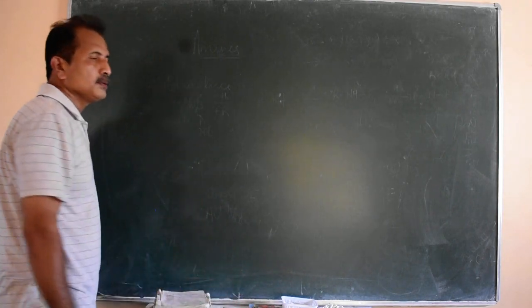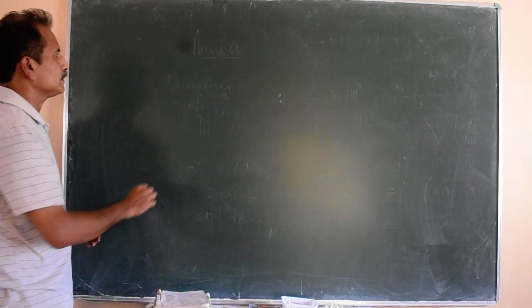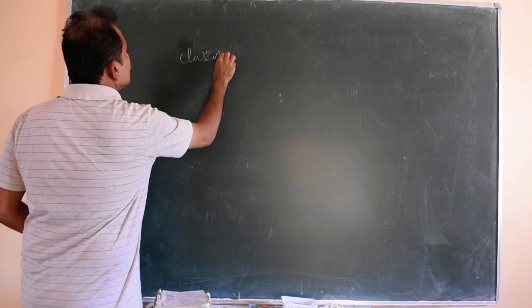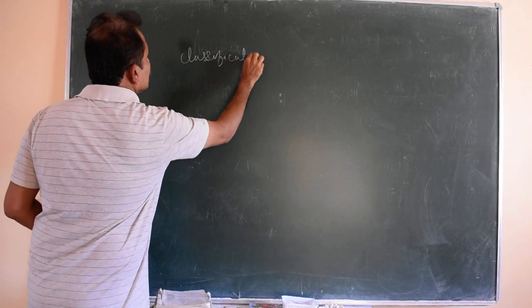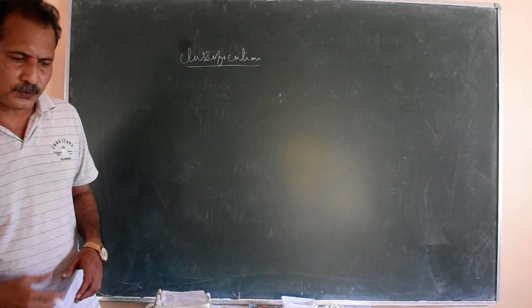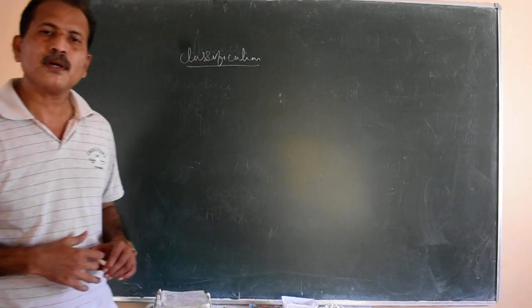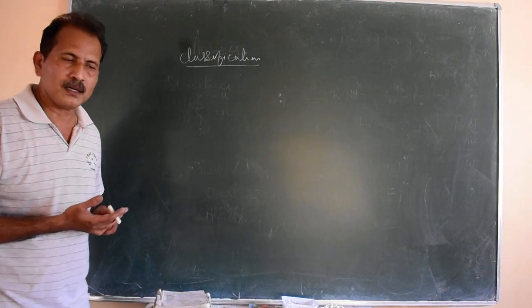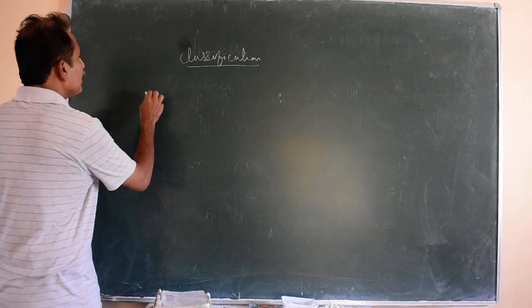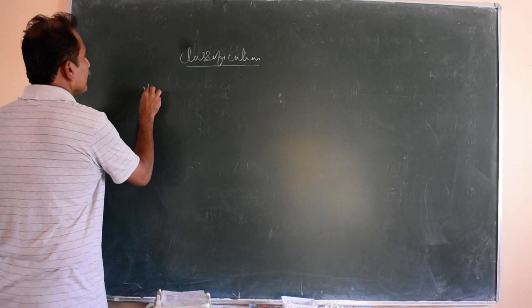Then coming to the classification of amines. So amines are normally classified into three types, depending upon how many hydrogens are replaced by alkyl or aryl groups. So we start from ammonia. Right?